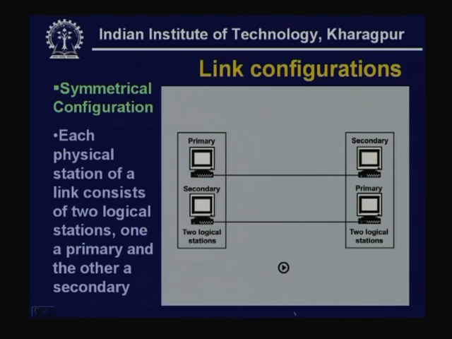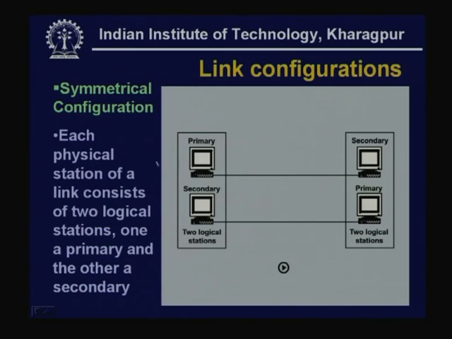The second link configuration is known as symmetrical configuration. In symmetrical configuration, each physical station of a link consists of 2 logical stations, one primary and one secondary. So you see you have a single physical station, however functionally it has 2 logical stations.